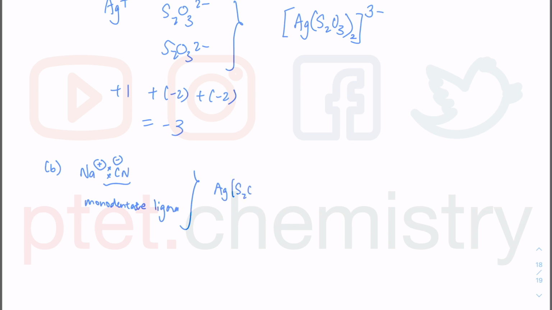So from the previous complex P, we started from the one with 2 of the S2O3 2 minus ligand. Oops, sorry, it's not 2 minus, it's 3 minus. In fact, it's written as 3 minus previously. Then you react with NaCN, and they say that you get a second linear complex. So CN twice, and this is Ag plus 1, and then this is a minus 1 ligand. So you have 2 of them. So plus 1, minus 1, minus 1.